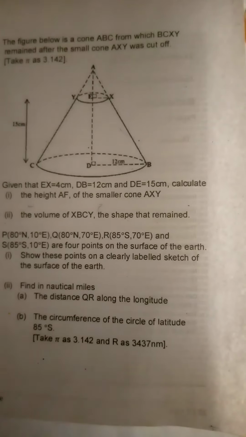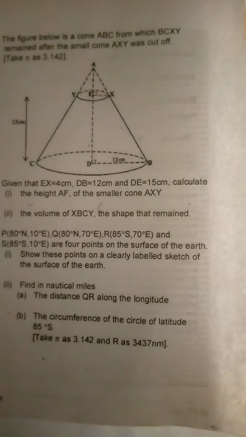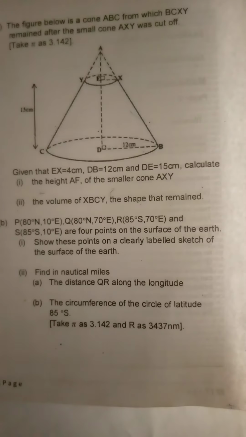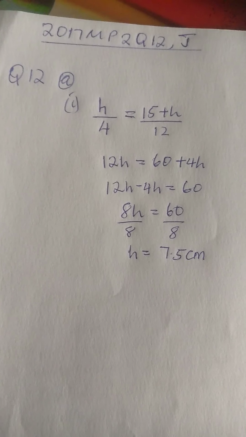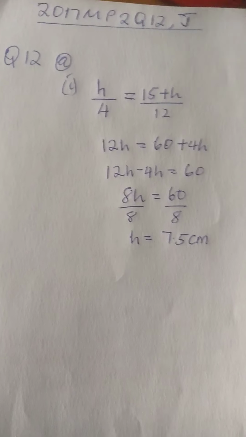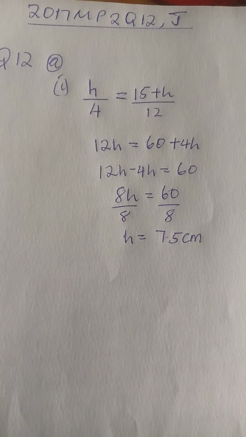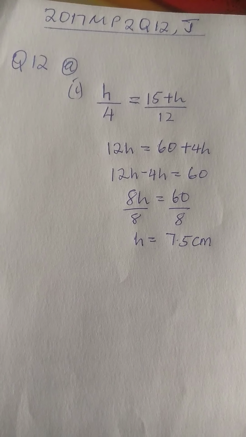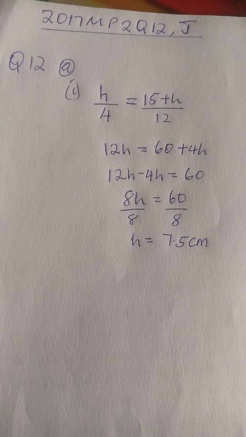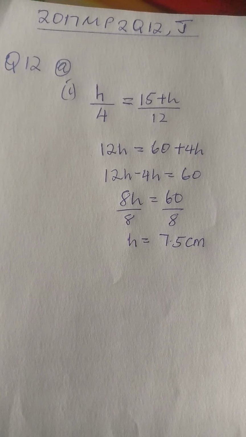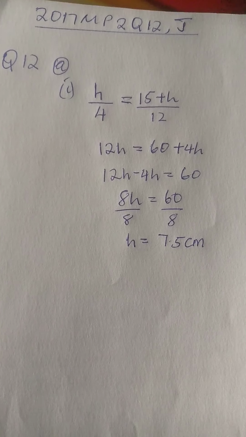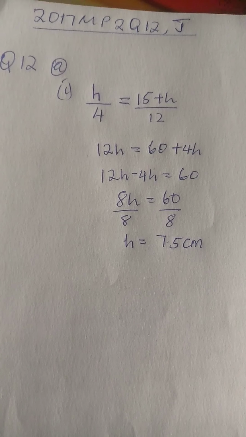So we're going to calculate the length of the smaller cone, and let me show you how. This is how we're going to calculate the small height. We're going to say h over 4 equals 15 plus h over 12.